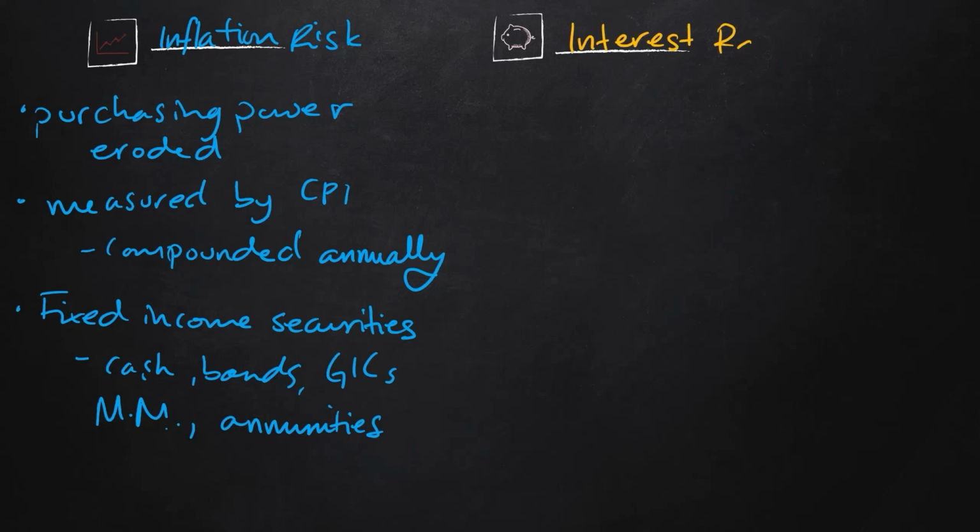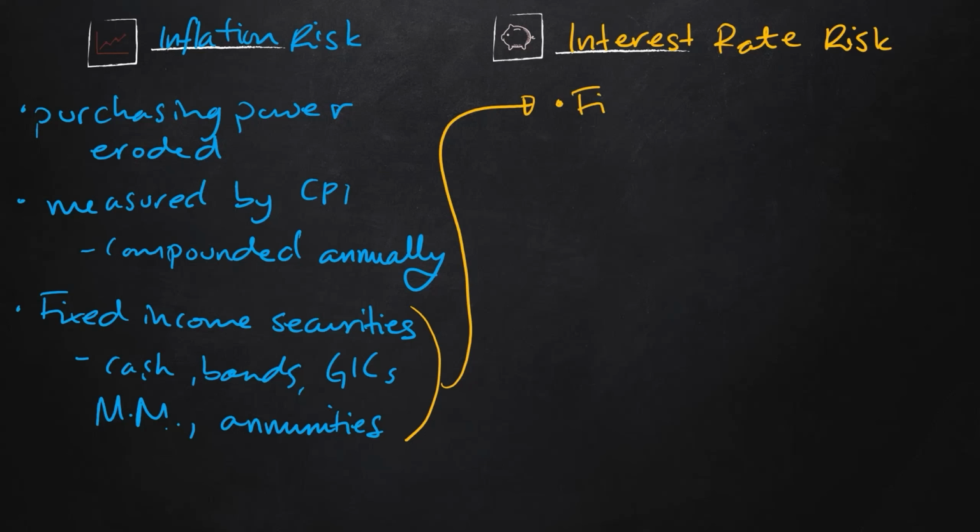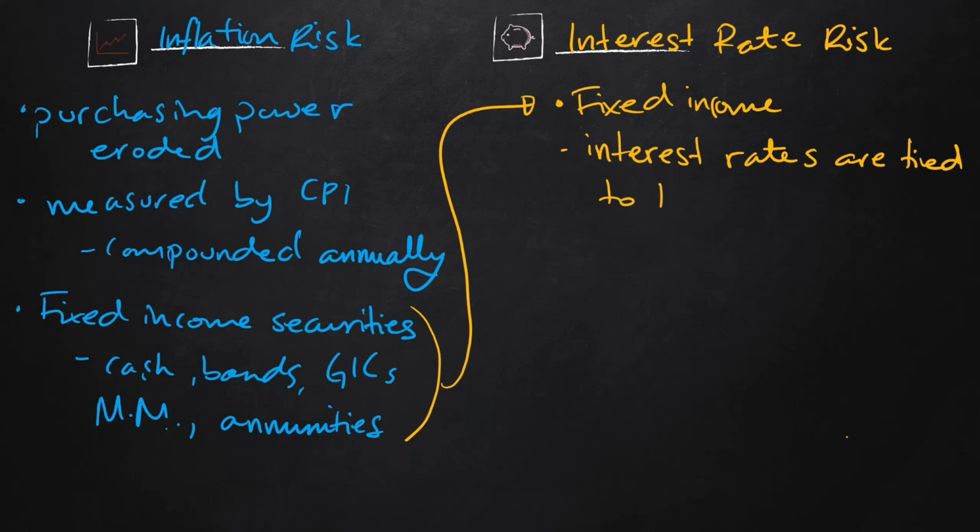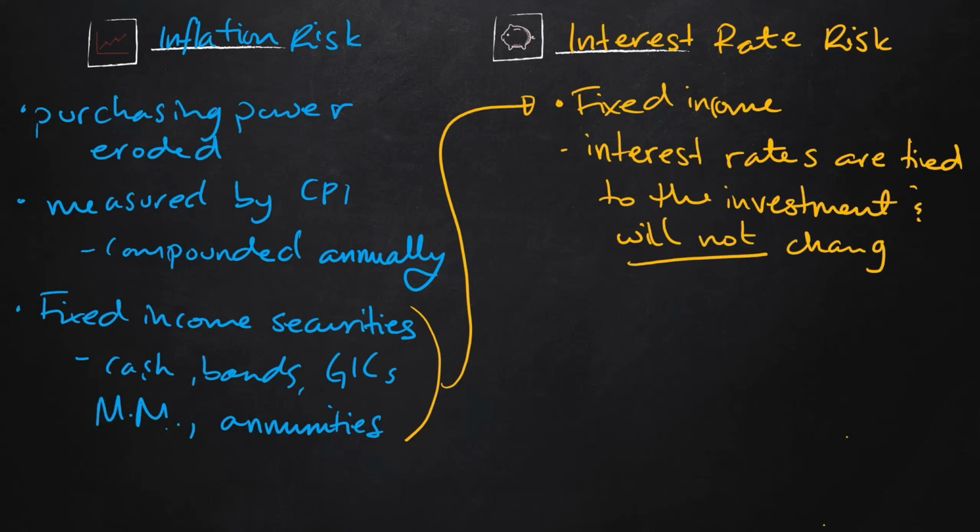The next one that we're going to go through is interest rate risk. Interest rate risk also most affects those same fixed income securities: cash, bonds, GICs, money market, and annuities. The reason is that the interest rate is tied to the investment and will not change. So if the market changes, the interest rate in those specific income annuities remains the same.